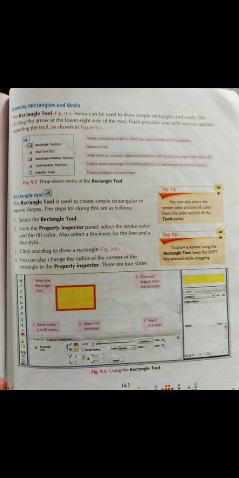For example, how we can give the angle, or how we can take out the inner radius. All these properties you will get in your rectangle primitive tool.